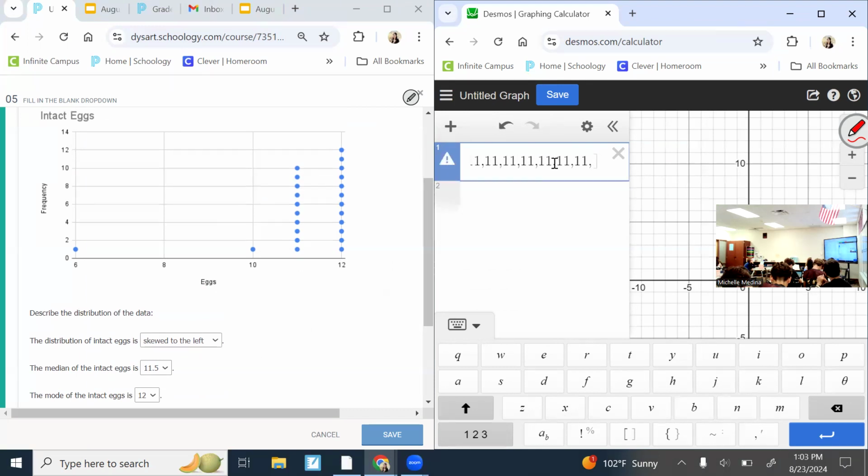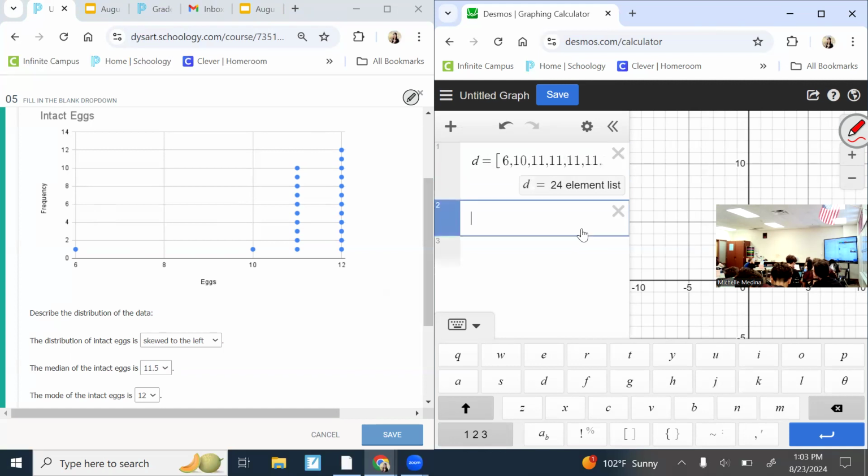And then 12 12s. And it said 24 element list. I had 24 data points, so that's a good sign. That means I probably typed it in all right.